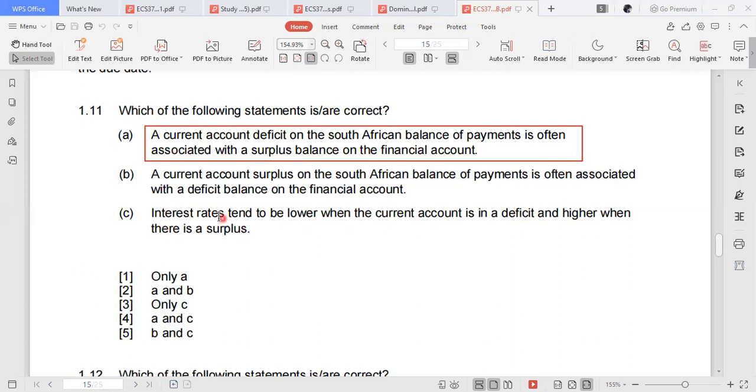Yes, we are simply saying whenever interest rates are lower in South Africa, what impact does it have on the current account? When there are low interest rates, you remember when we did the concept of interest arbitrage. Whenever interest rates are low, rational investors in South Africa will not invest in South Africa.